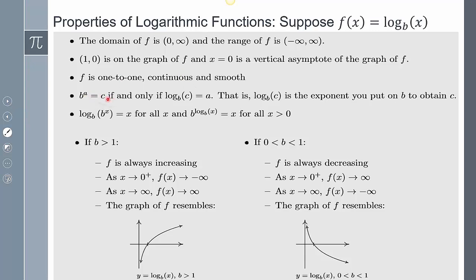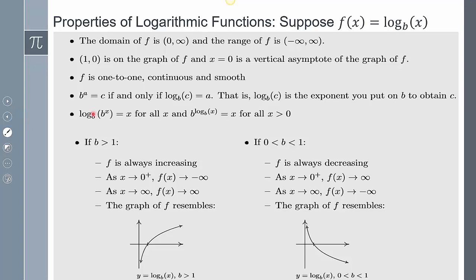We're going to talk a little bit more about this statement here. If I have this statement, b to some power a equals c, I can reread it as a log. So that base, I bring it over as the log base, and then log base b of c would equal a. We're going to talk about that a little bit more in our lesson, but just know that this is how we can switch between logarithmic equations and exponential equations.